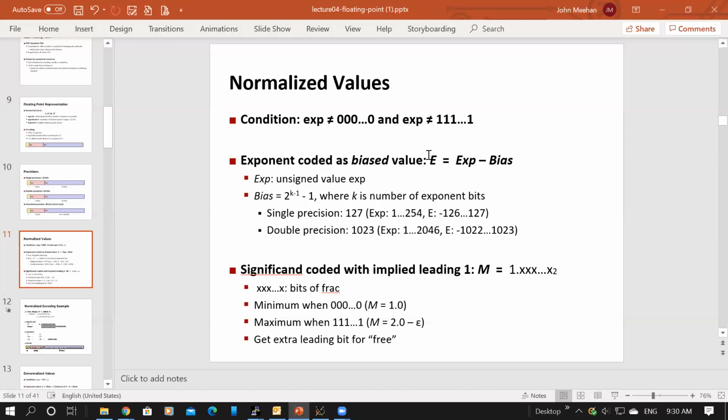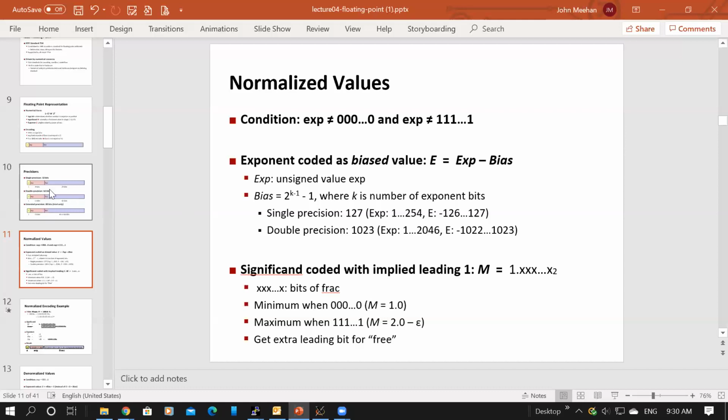Well, our desire here is to come up with assigning half of the values that we would encode in the exp field to represent positive exponents and half of the values to represent negative exponents. So the bias, if I have k bits in my exp field, is 2 to the k minus 1, minus 1.